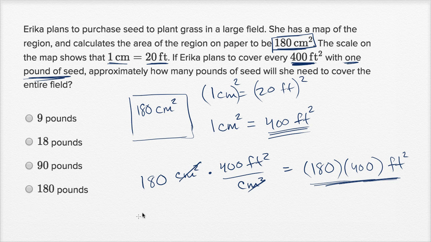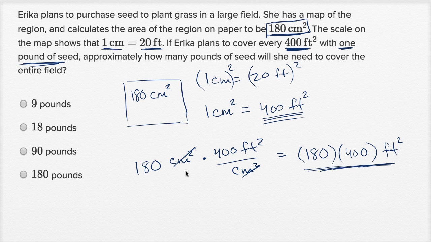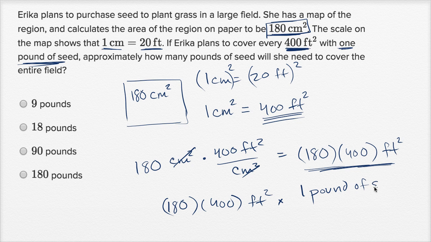So let's see, the area of the entire field, let me give myself a little bit more space. I'm not going to even multiply it out because this 400 is showing up, so this seems useful. So the area is 400 feet squared times 180. I just wrote that. And we're going to use 1 pound of seed for every 400 square feet.